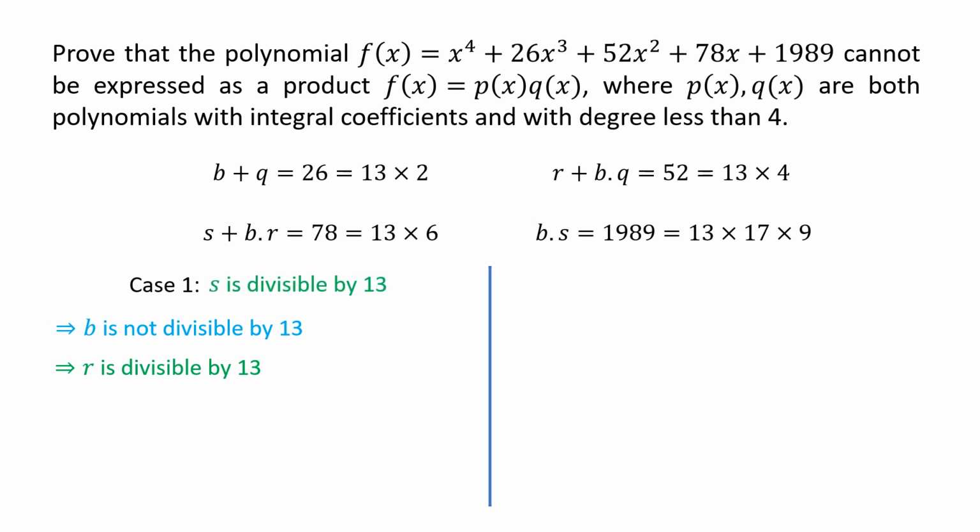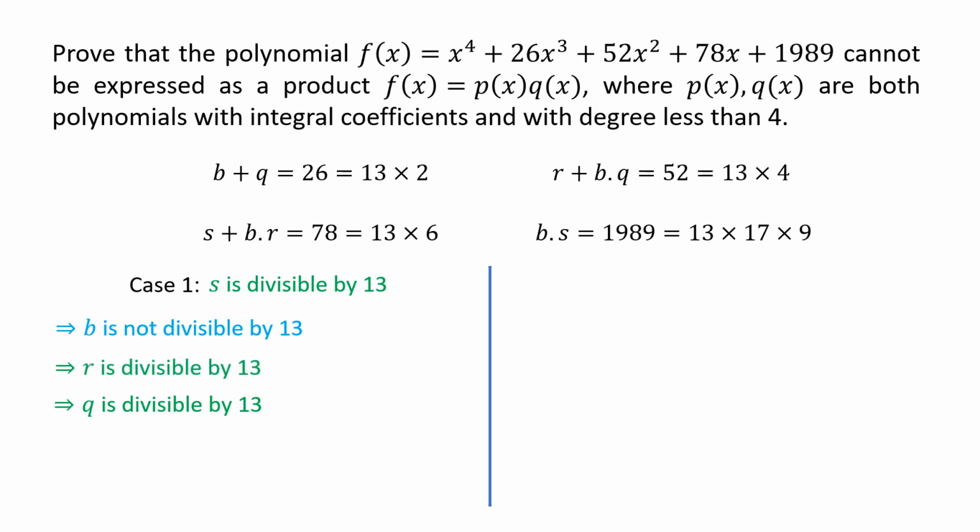This means that b times r should also be divisible by 13, which means at least one of b or r should be divisible by 13. As b is not, that means r has to be divisible by 13. Also, q is divisible by 13. This is because r + bq, which is 52, is divisible by 13, and 13 also divides r.